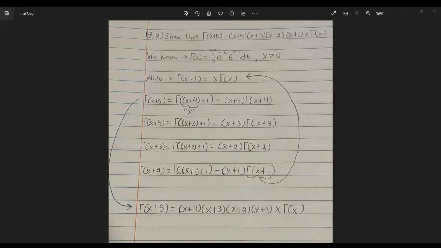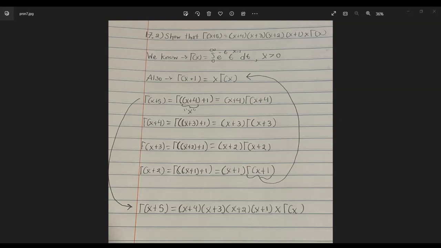Can you see it? Yeah. Okay. So this question asks us to prove that gamma of x plus 5 equals x plus 4 times x plus 3 times x plus 2 times x plus 1 times x, times gamma of x.